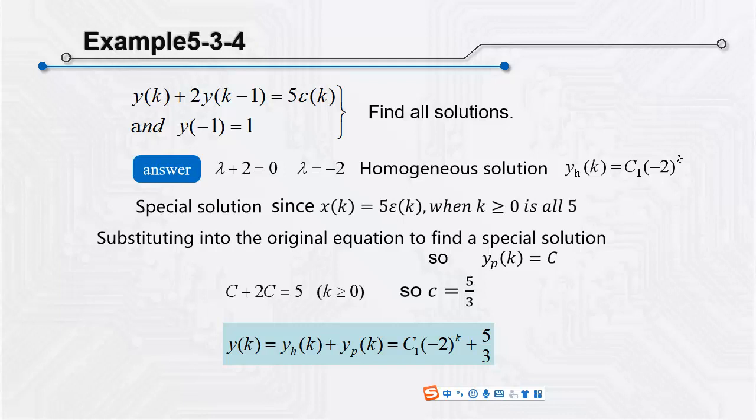After determining the form of the particular solution, the full response is determined by the sum of the homogeneous solution and the particular solution. So for C1 on this side, we need to use the initial conditions to determine it accordingly. So we get the form of the total solution.